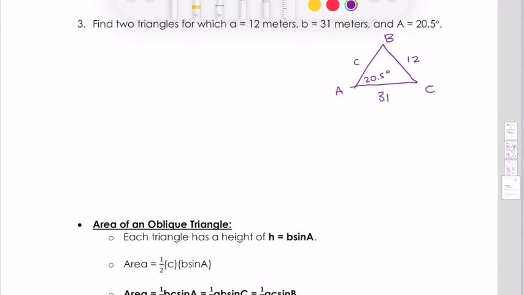Again, I'm going to go ahead and set up to solve for angle B. So I start off with a over sine A, 12 over sine of 20.5 degrees, equals 31 over sine of B. Now this time just cross multiply, solve like normal.